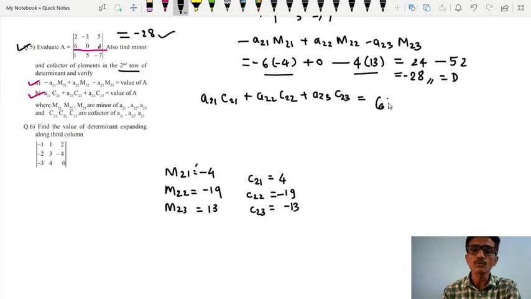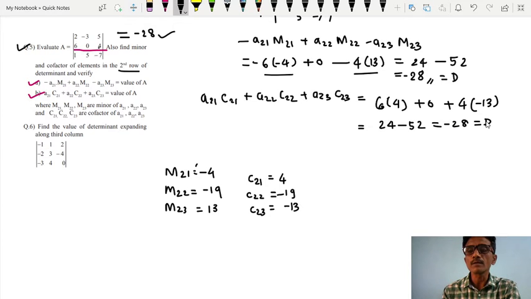So 6 into 4, plus a22 is 0, no question arises, plus a23 element is 4, and C23 is minus 13. So again you are getting 24 minus 52, and it gives us minus 28, which is the value of the determinant. Yes, we have verified this.